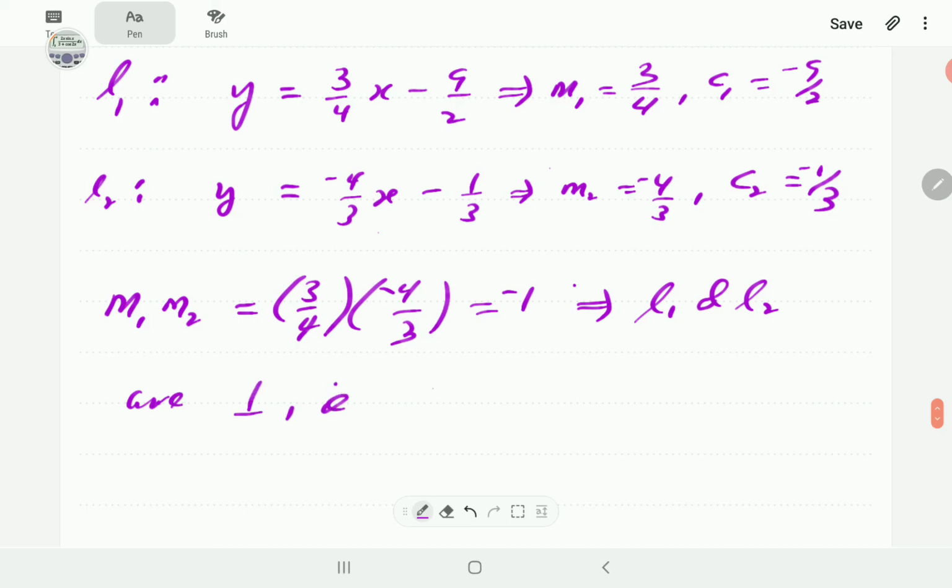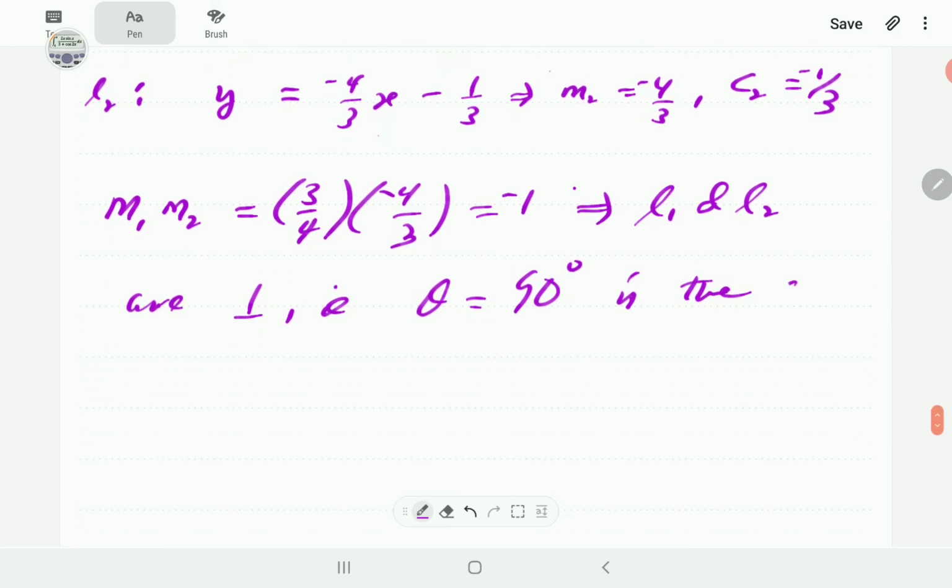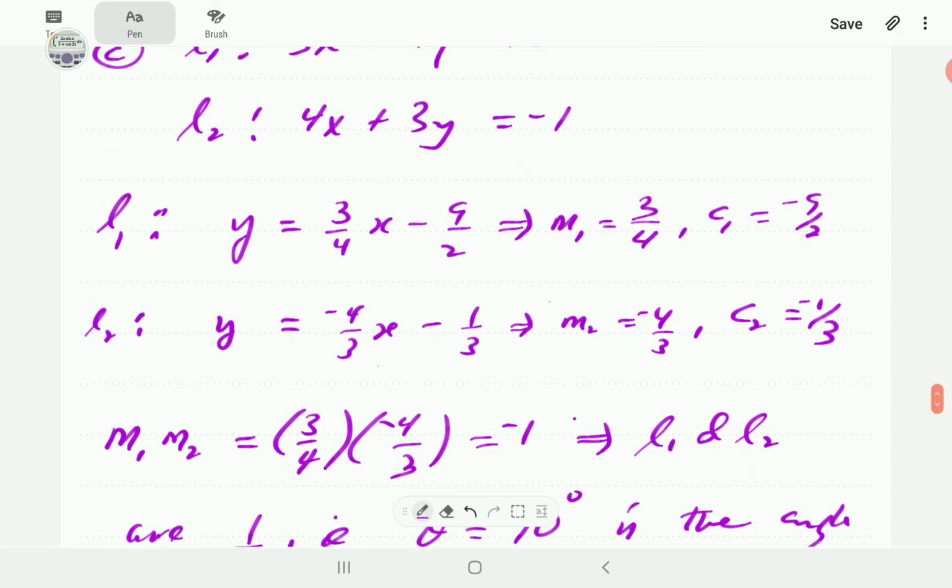If they are perpendicular, then the angle of intersection is already determined. So all that we need to do now is to find the point of intersection.